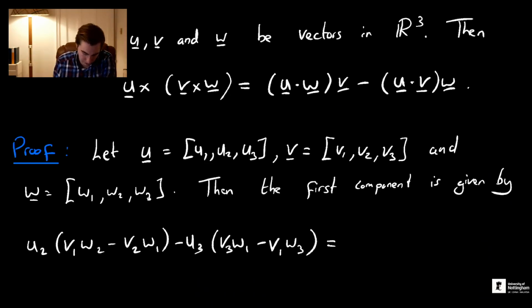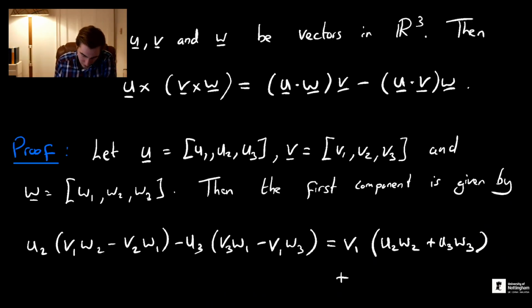So it's useful to do that. If we take out the factor of v1, we get u2 w2, and then with another v1 here, we've got w3 u3, but with a minus times a minus, so that's plus u3 w3.